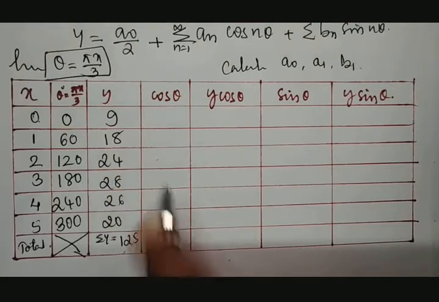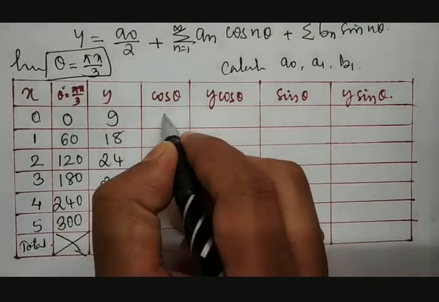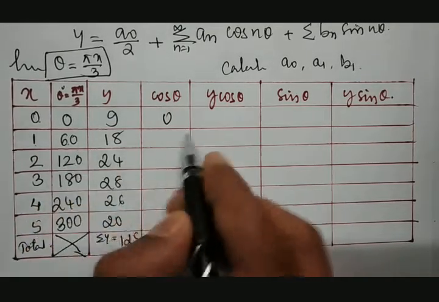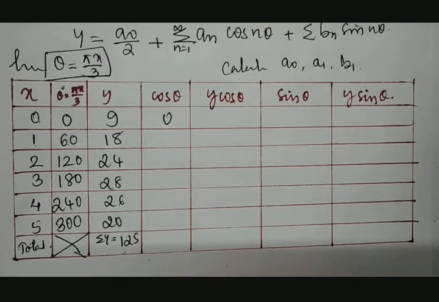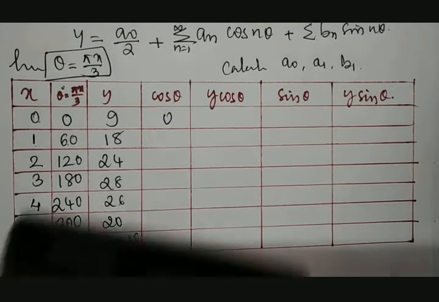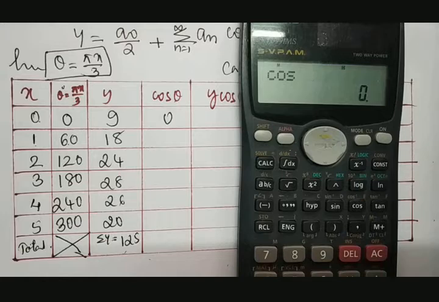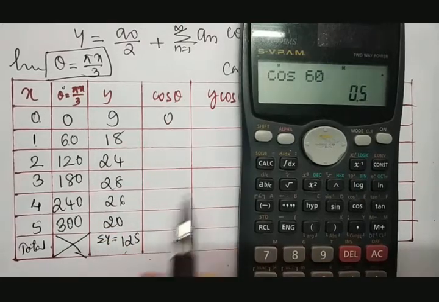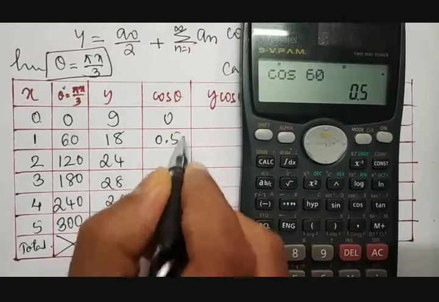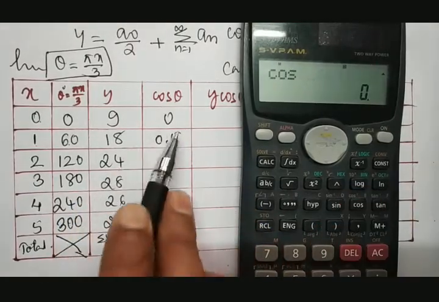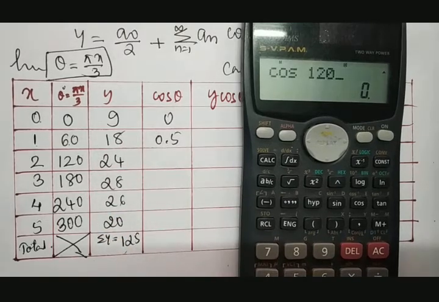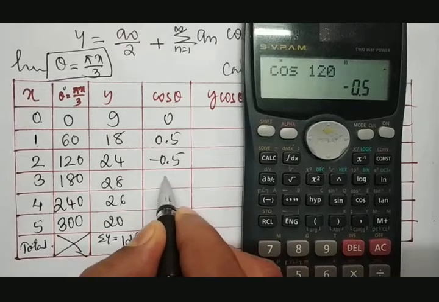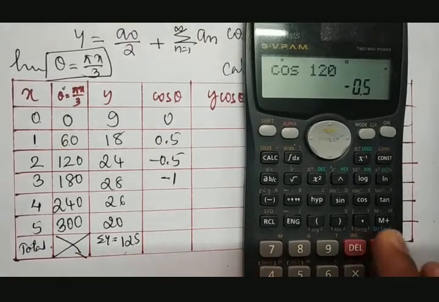Means cos 0, that is 1. Then cos 60, let us calculate. Theta is 60, so cos 60 is 0.5. Cos 120 is minus 0.5. Cos 180 is minus 1.